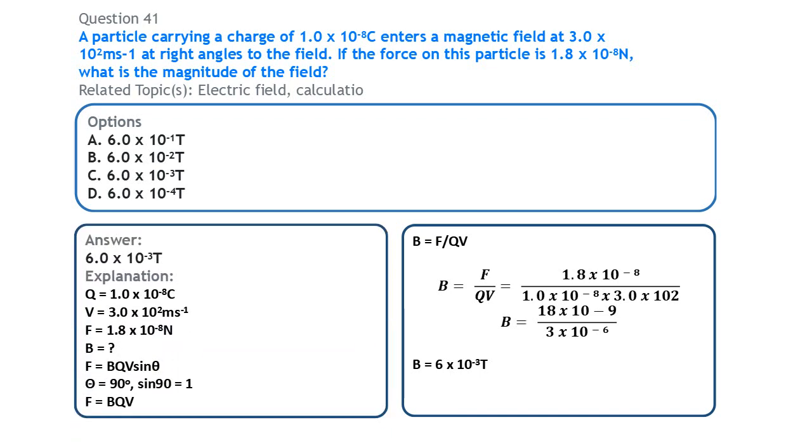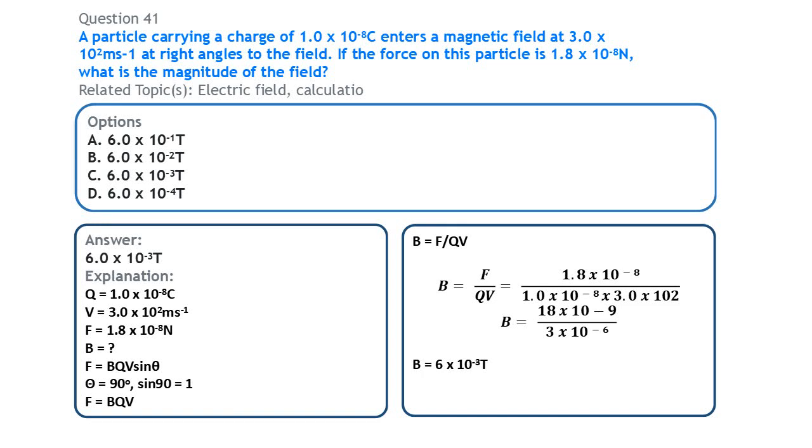So we say the force in that field is equal to BQV sine theta, where B is the magnitude of the field, Q is the charge, V here is the velocity, and theta here is the angle of the charge to the field. Here we are given that the charge enters at right angle to the field, so theta here is 90 degrees. Okay, the right angle is 90 degrees.